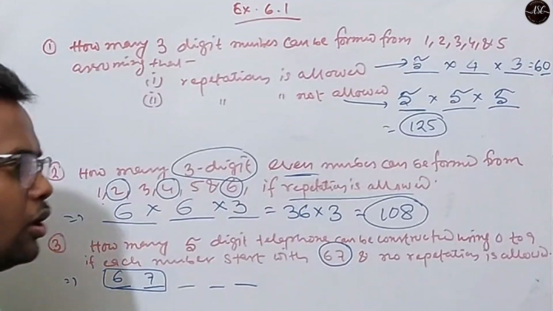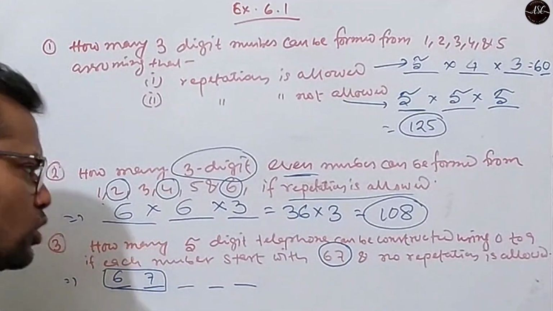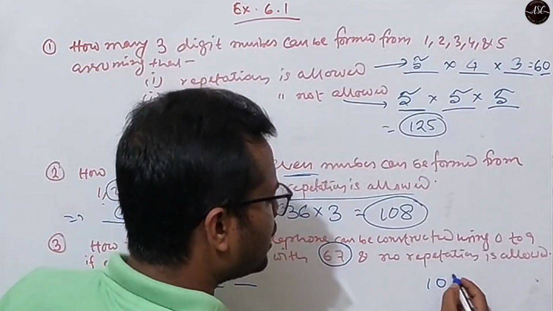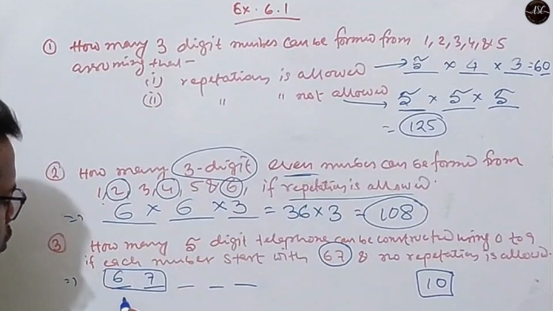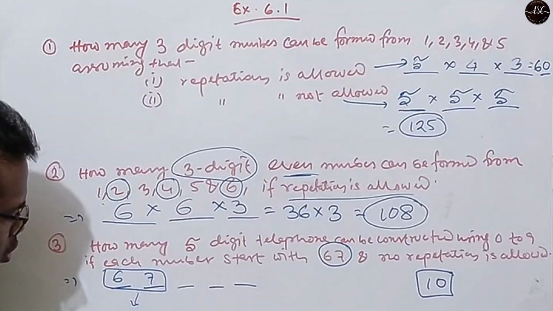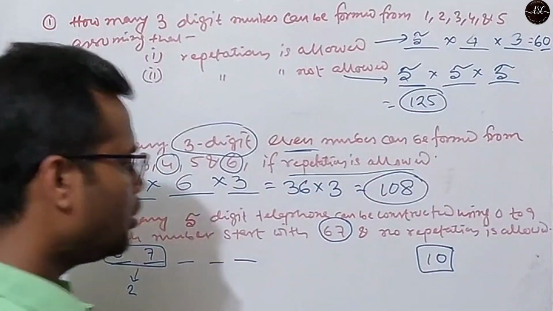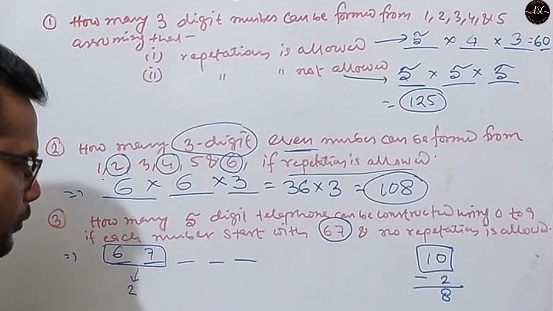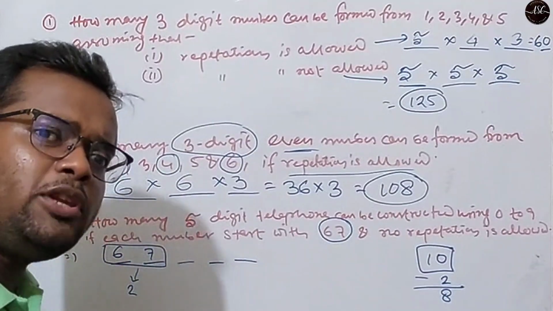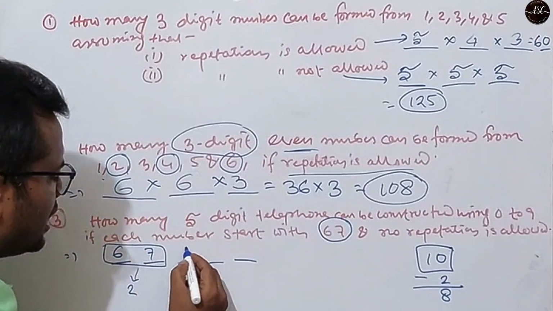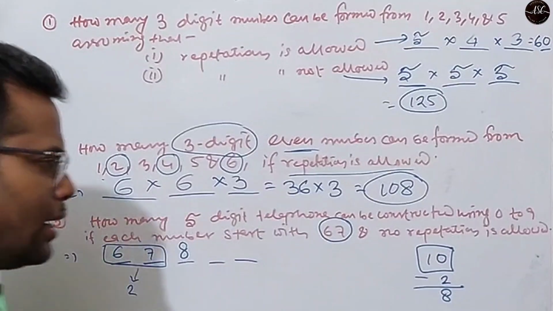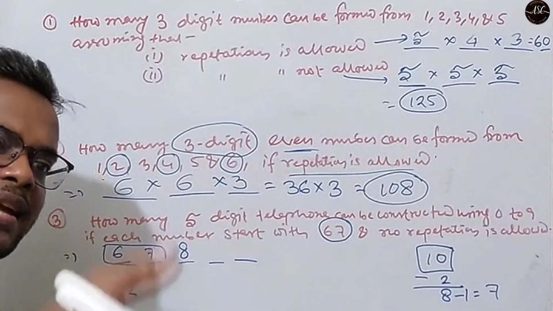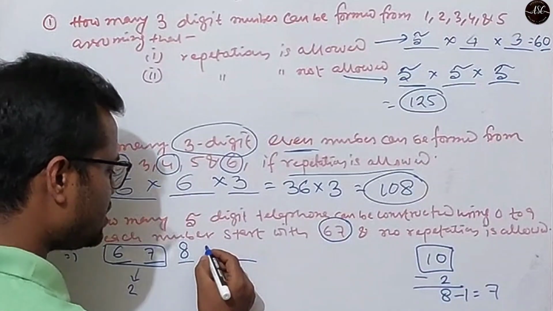From how many numbers can we find this 5-digit number? From 10 digits, that means 0 to 9. From these 10 digits we already have these 2 digits. So just minus 2, we have 8 digits. So 8 digits can be chosen in 8 different ways. So just write here 8. And from 8 if we minus 1 then there is 7. So 7 digits can be chosen in 7 different ways. So just write here 7.